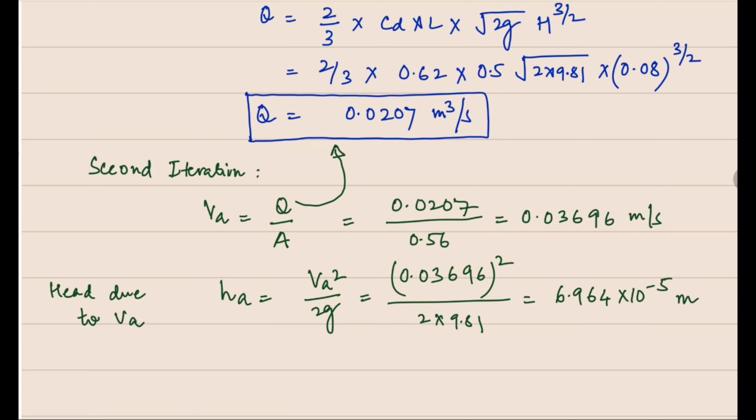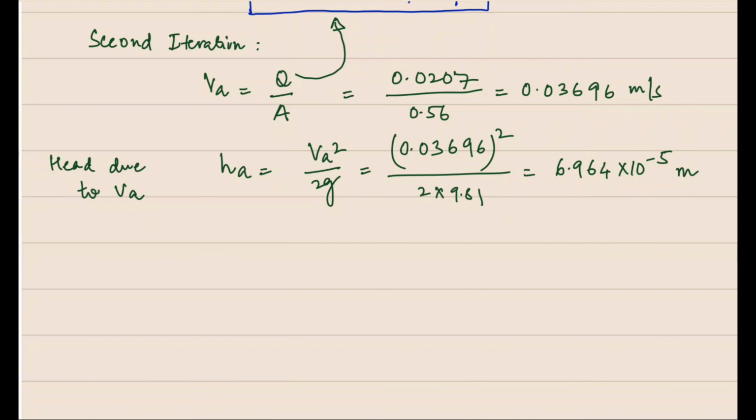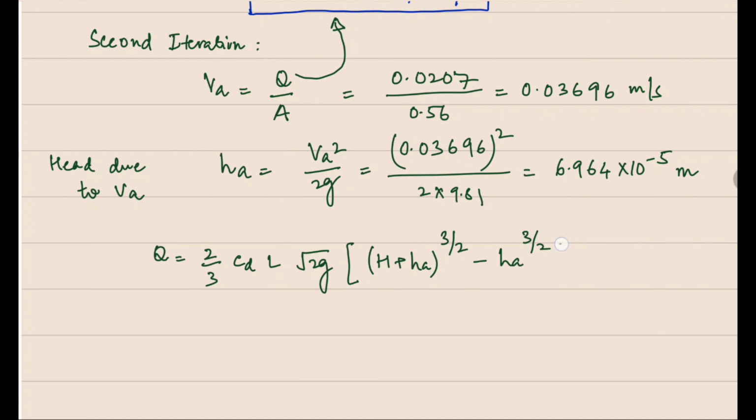Now using this HA value, we will be calculating the Q value for the second iteration. So Q value will be 2 by 3 CD multiplied by L under root 2g, in bracket, (H plus HA) raised to the power 3 by 2 minus HA raised to the power 3 by 2.